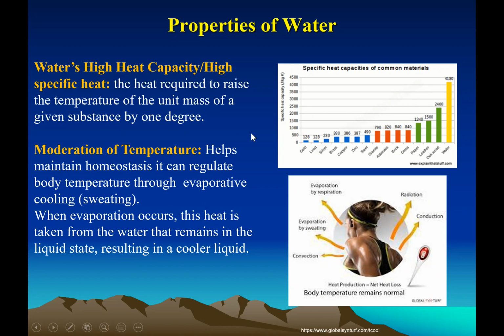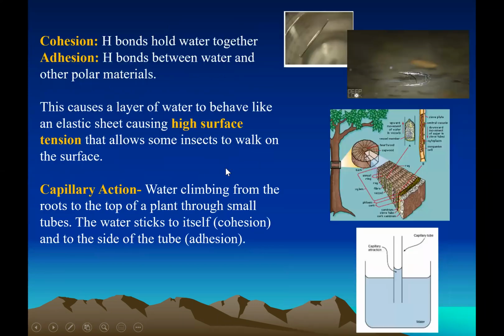When the sweat leaves your body, there is something called evaporative cooling. When your sweat leaves the body, it will break some of the hydrogen bonds in the water found in your blood, thereby cooling you. So again, water plays a huge role in your body temperature.